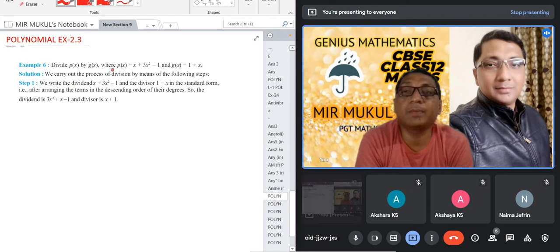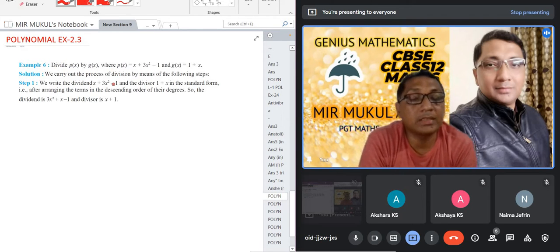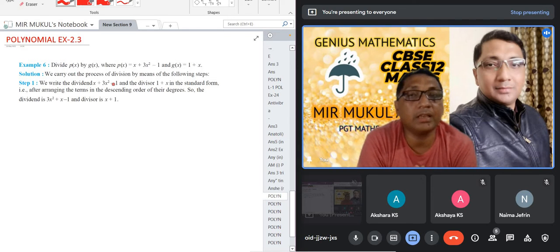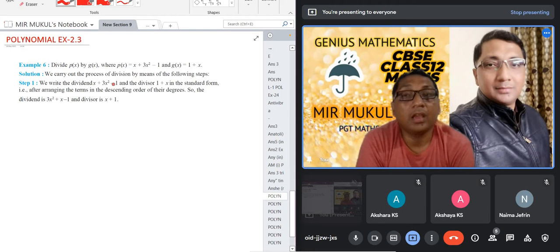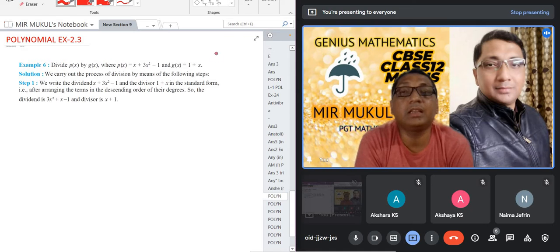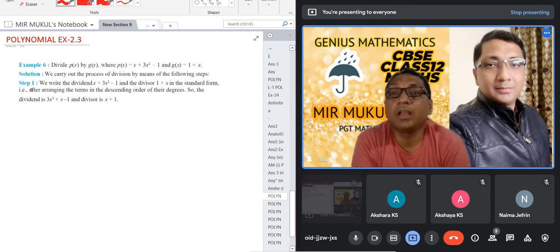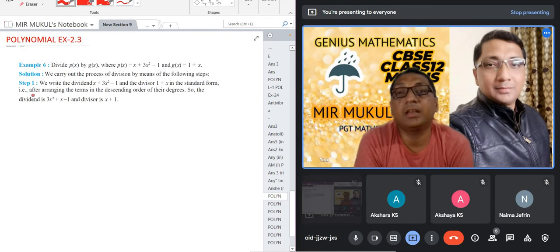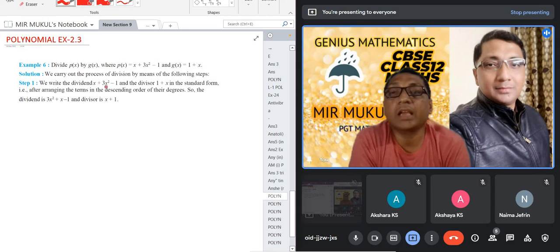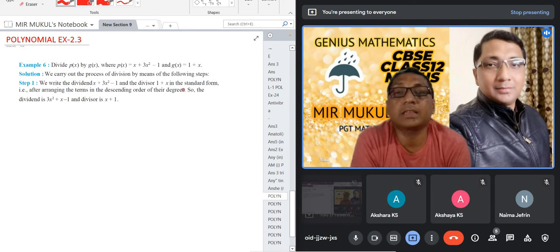Divide p(x) by g(x). So Akshara, before that we did this division in class 8. Yes, sir. In class 8 also we did this kind of division. So how will we divide two polynomials? Step 1: we write the dividend x plus 3x square minus 1 and the divisor 1 plus x in standard form.